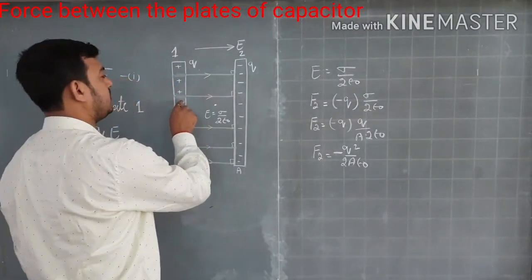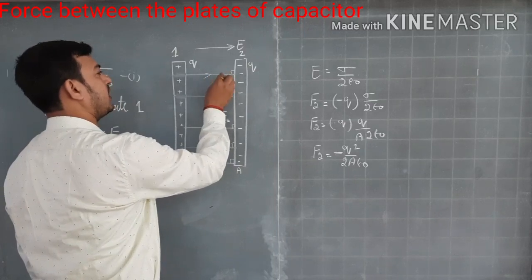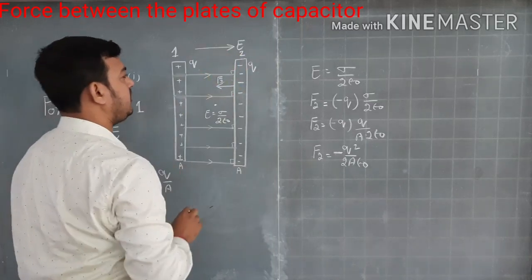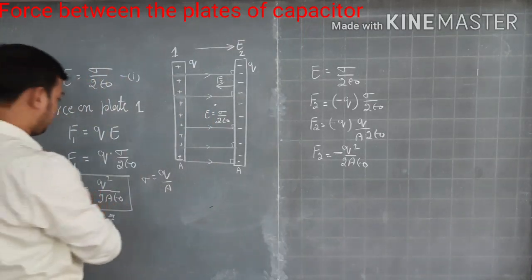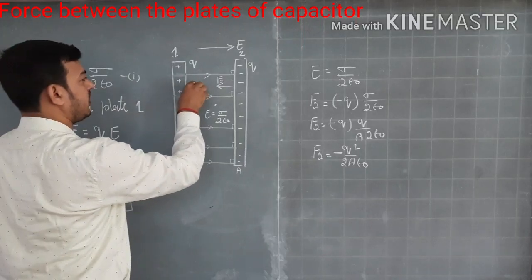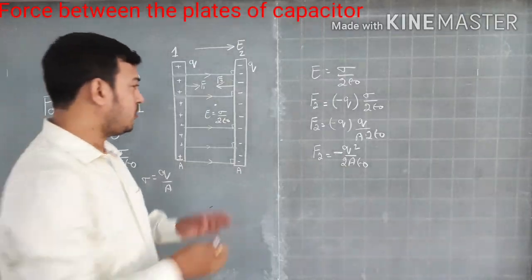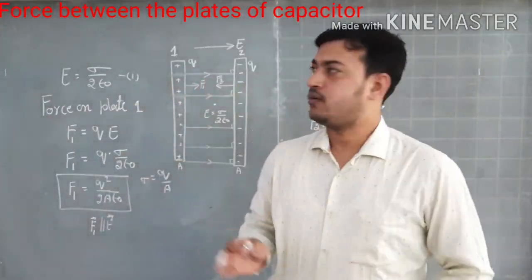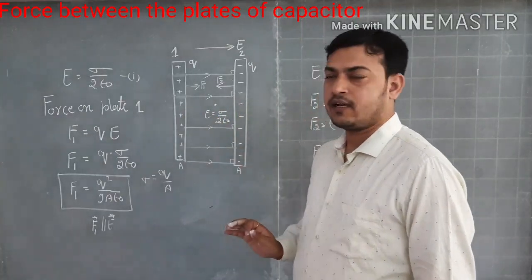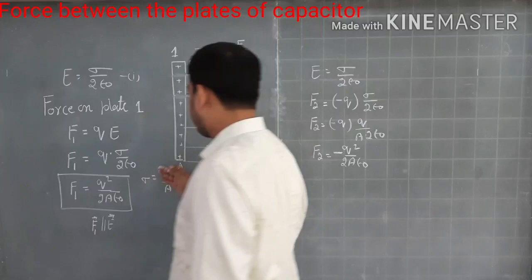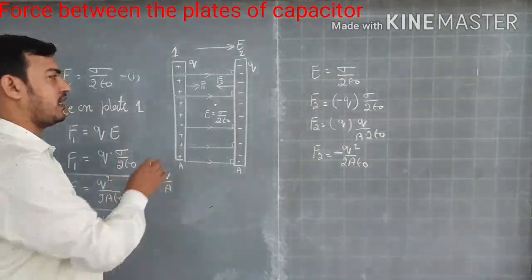It means that this plate will experience a force in the direction opposite to the field E. So this is the way you can find the force between the plates of a parallel plate capacitor, and the force direction can be easily calculated if you place the charge with its proper sign.